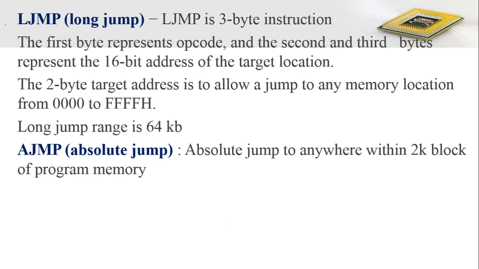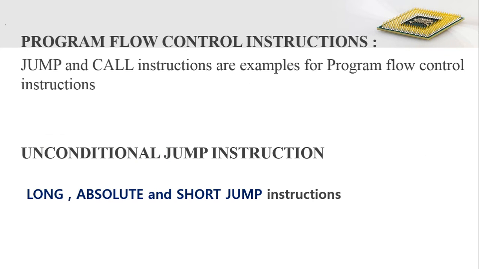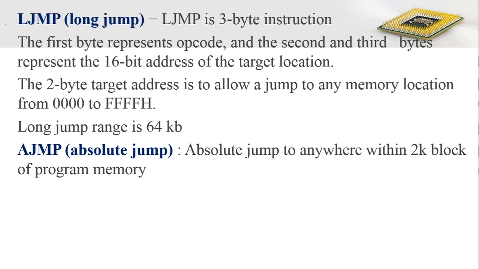So for unconditional jump instructions, we have 3 categories: long jump, absolute jump and short jump. Long jump and absolute jump are 3-byte instructions. Long jump permits a jump anywhere in the 64 KB of memory, and absolute jump permits a jump inside a 2 KB memory space.